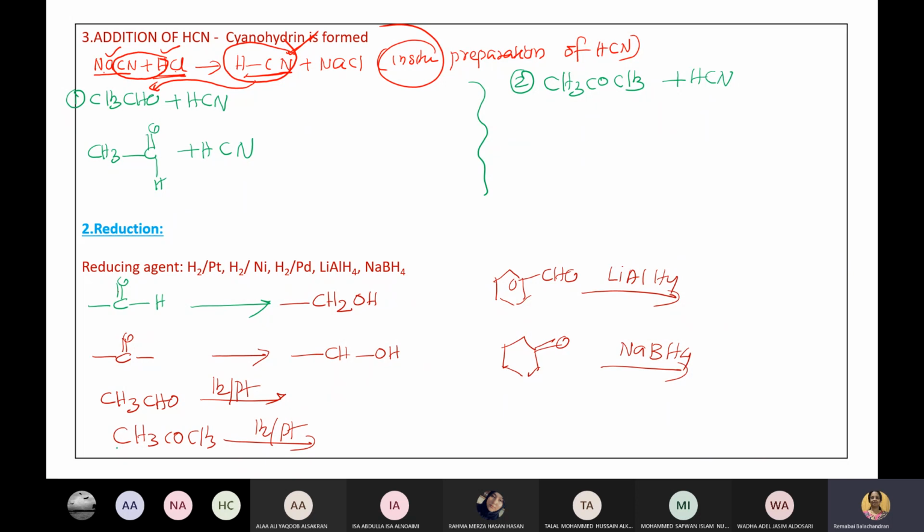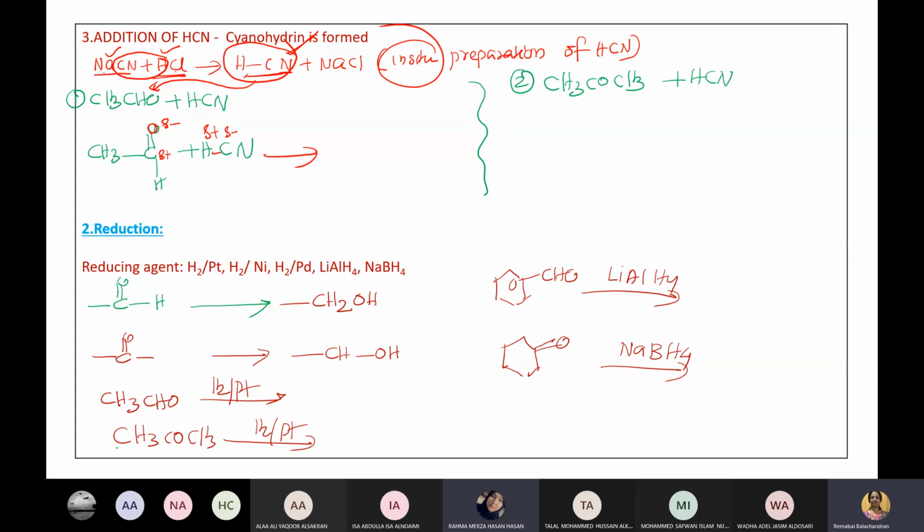Now, as usual, you tell me the product. This is a nucleophilic addition reaction. The hint you know. Oxygen has little negative charge. Carbon has little positive charge. Now H has positive charge, and this carbon will have negative charge.